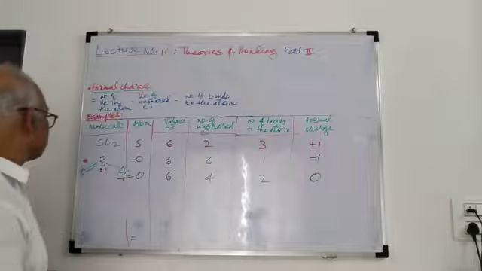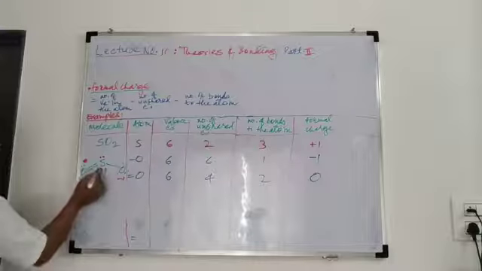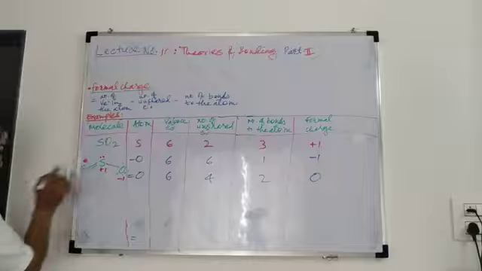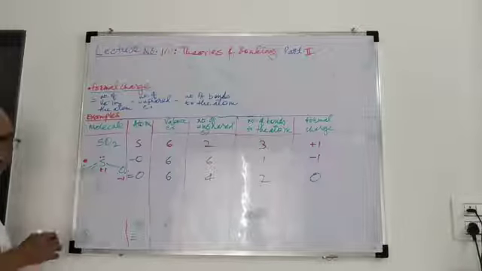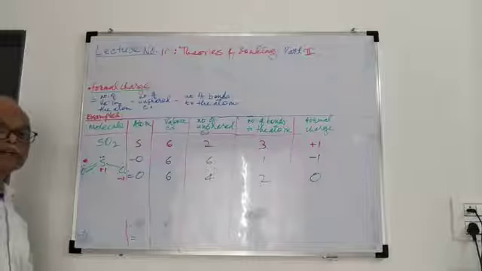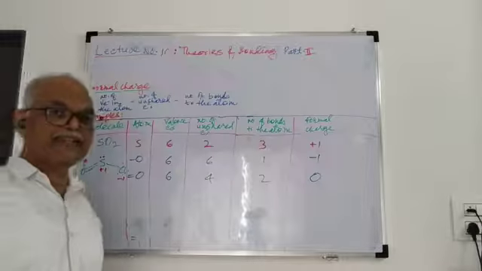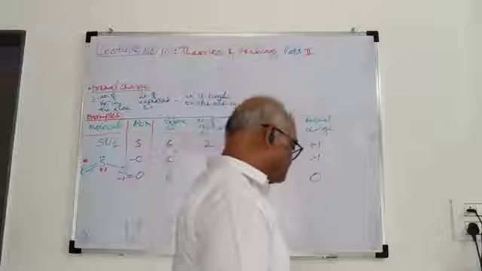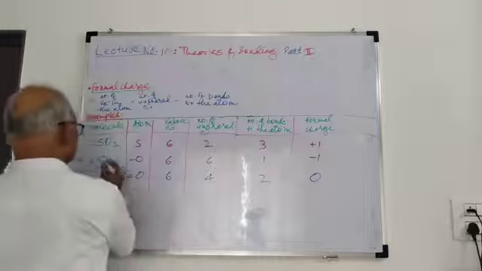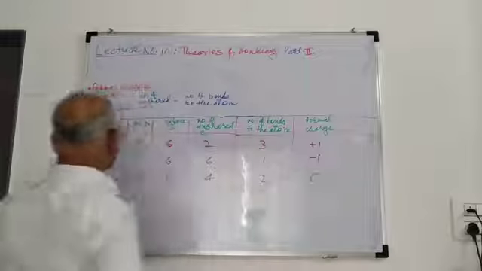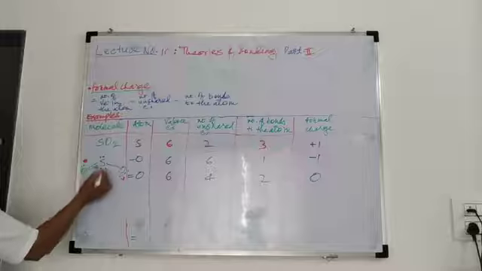For example, we can show this double bond here also and single bond here also. So this will have 2 resonating structures. In that case, sulfur has the same environment in both resonating structures.